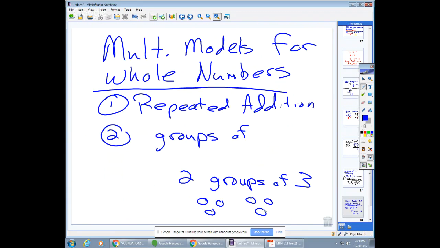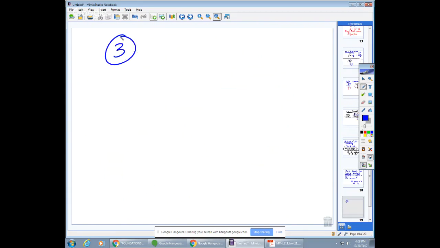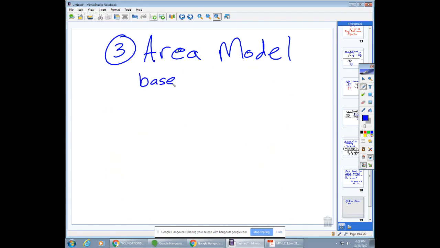All right, my favorite model is actually neither of these. It's the area model. With the area model, I like to think of area as a base and a height, and the area is the base times the height.